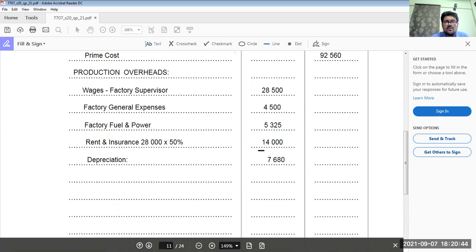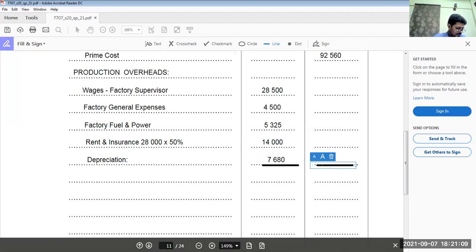Now we'll get the total of production overhead over here: 28,500 plus 2,500 plus 5,325 plus 15,000 plus 7,680.